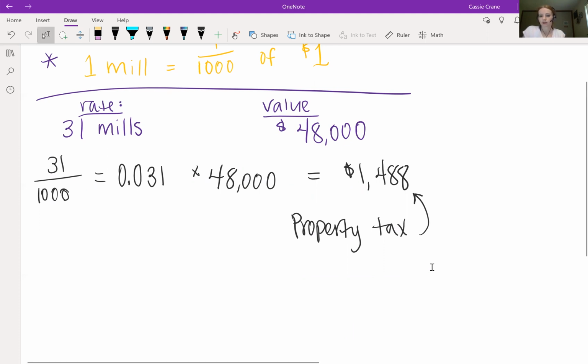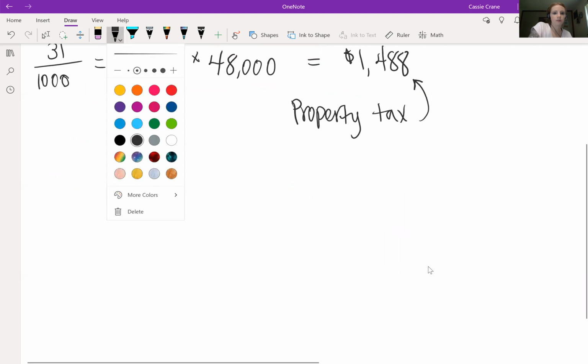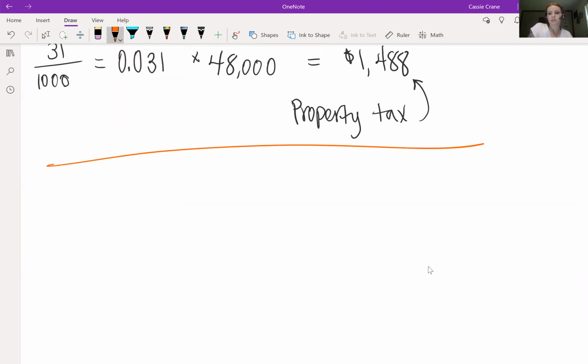So let's look at another example just to make sure we got it down. Let's say this time we pay a rate of 43.7 mills, and we have a value of $74,000 for our home.